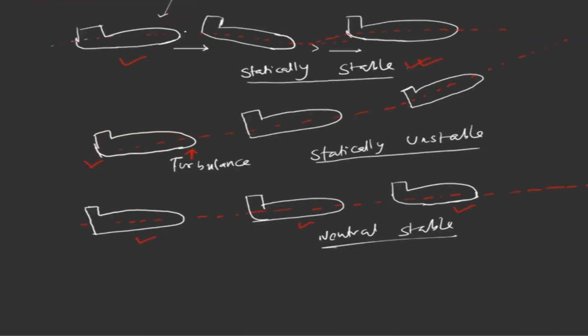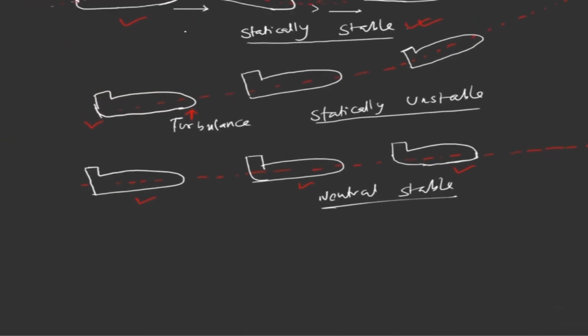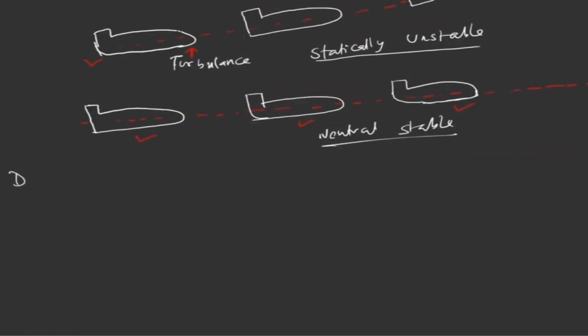How can we define the dynamic stability of a system? Dynamic stability is basically how the system behaves over time. So let me write, dynamic stability.